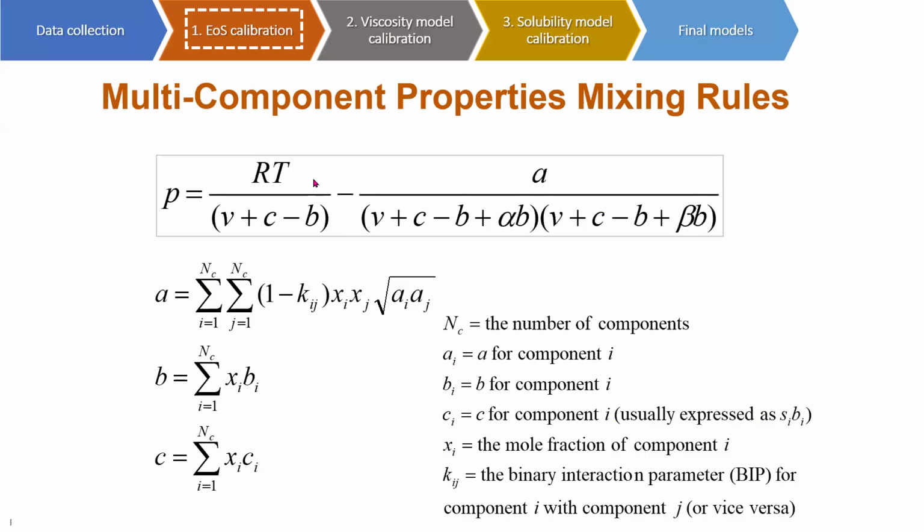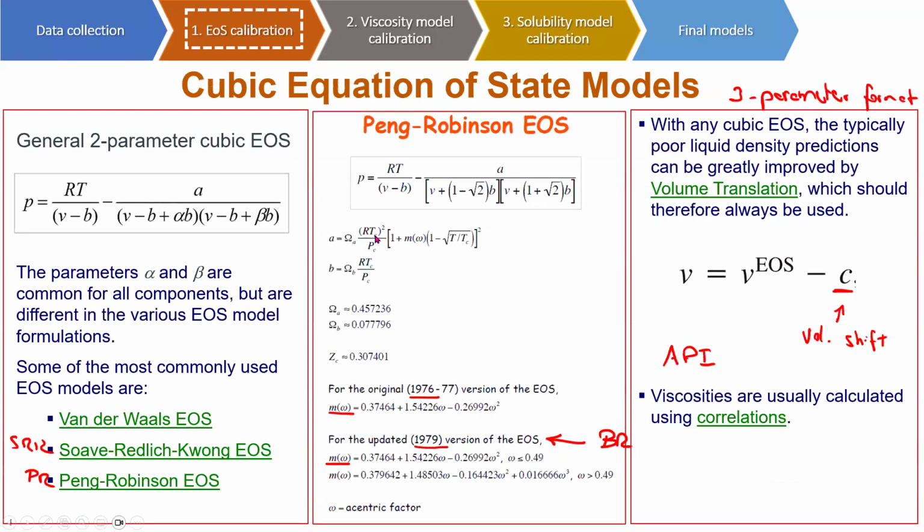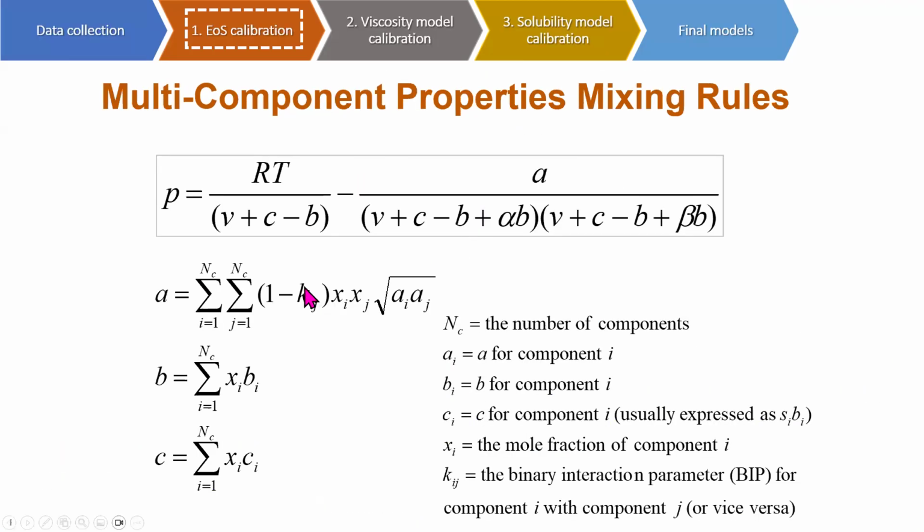So before you have only the TC, PC for that component. Now you have a sum that combines properties of different components and the amount of each component in your mixture, okay? So you need these mixing rules to combine those components and those properties, and a new parameter shows up in this process.